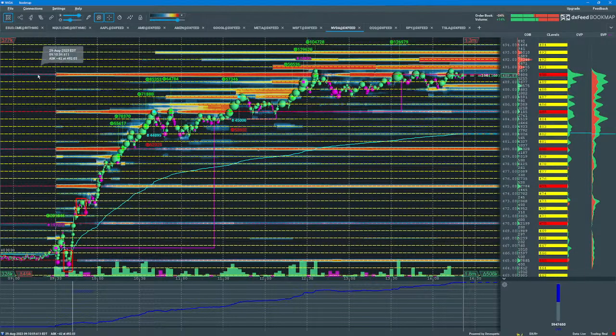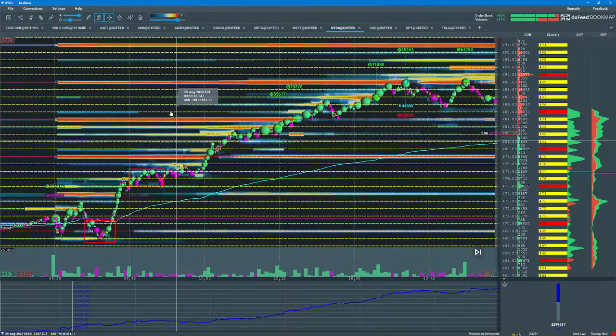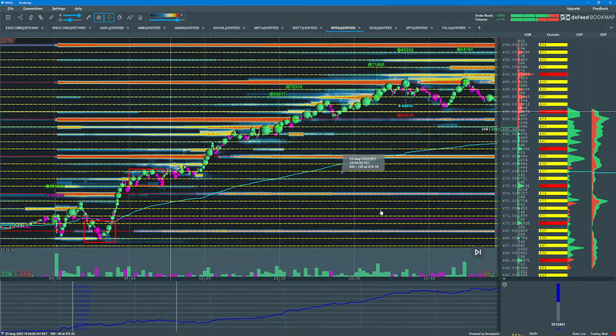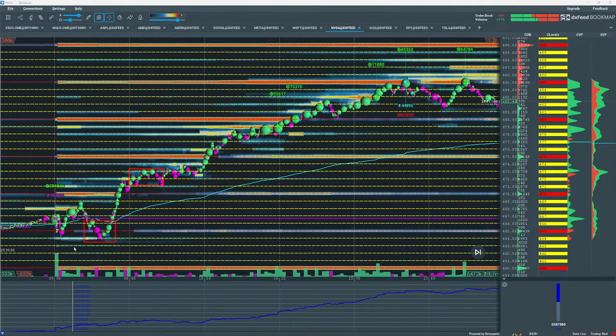I'm going to zoom in, just about the first 90 minutes here. So notice the order flow was pretty bullish right from the start. You could see the shift in volume dots here.